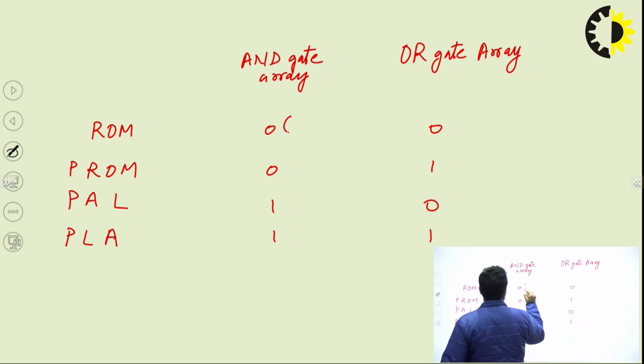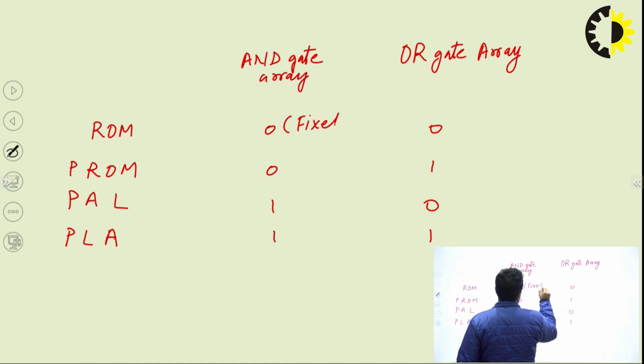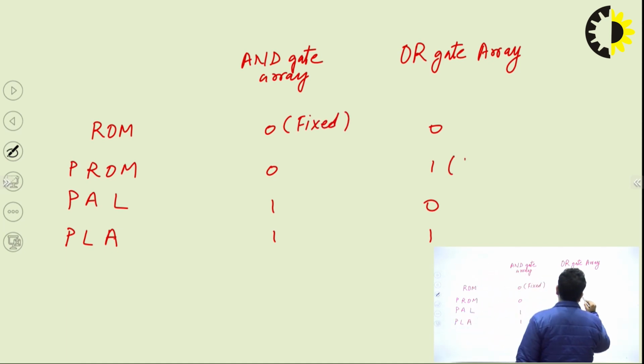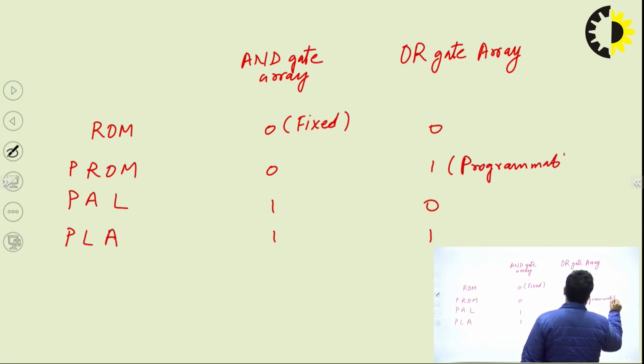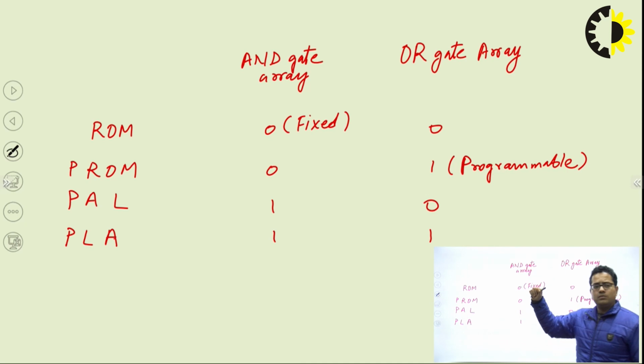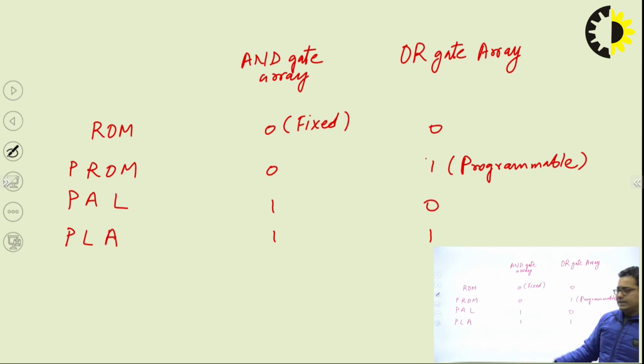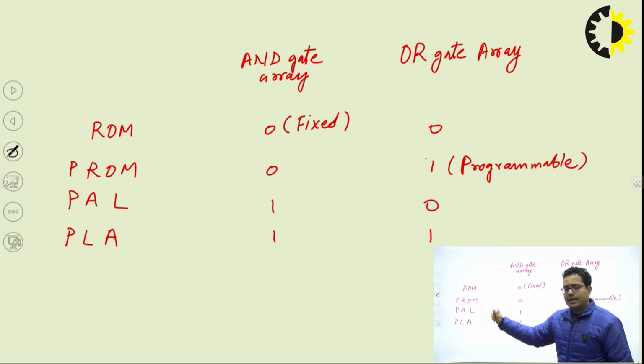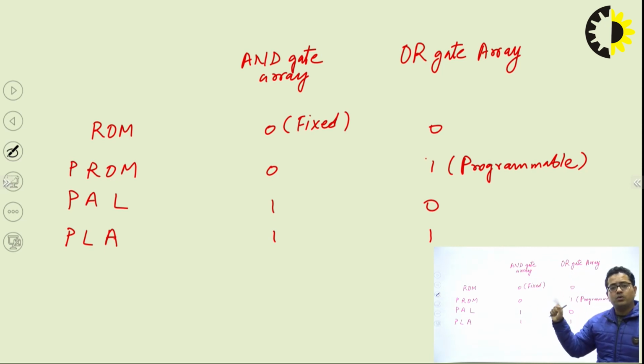So we are assuming 0 as fixed and 1 as programmable. That means in the case of a ROM, both the AND gate and OR gate are fixed. In the case of PROM, the AND gate is fixed, but the OR gate is programmable. In the programmable array logic, the AND gate is programmable, but the OR gate is fixed. Similarly, on the PLA side, as you can see, both are 1 1.